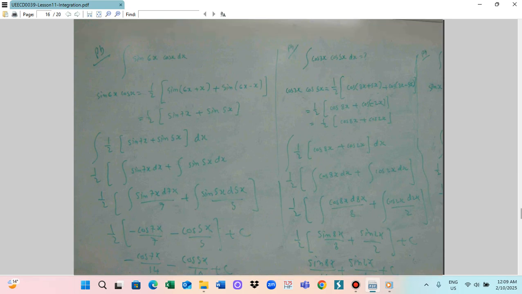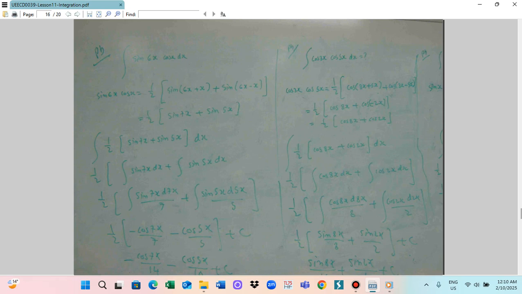This is how we integrate it. Another one is you have to integrate cos 3A and cos 5A. The cos cos formula is half into cos(A plus B) plus cos(A minus B). So A is similar to 3A, B is similar to 5A.